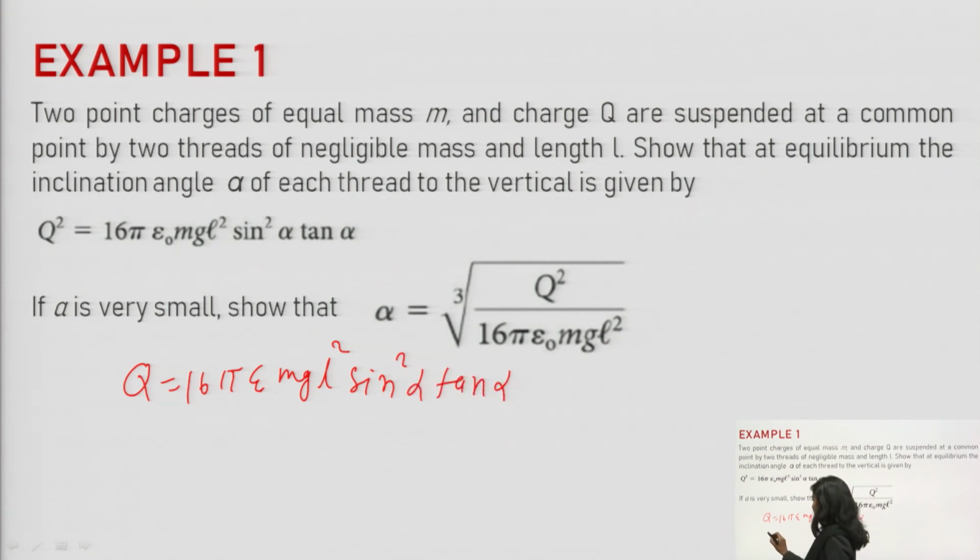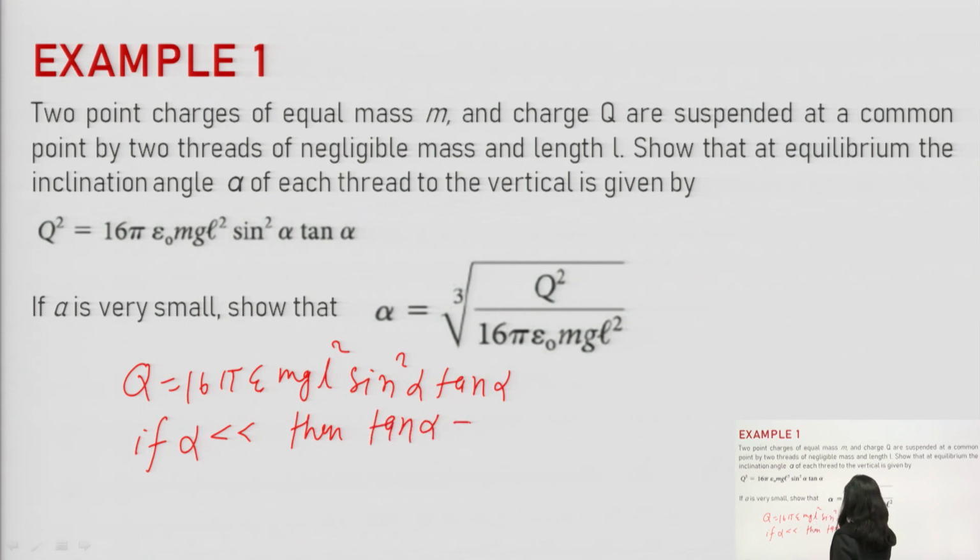Now if alpha is very small, then tan alpha is equal to sin alpha, which is equal to alpha.